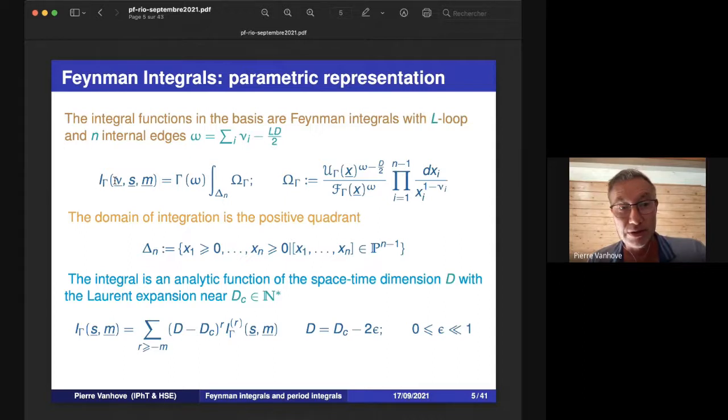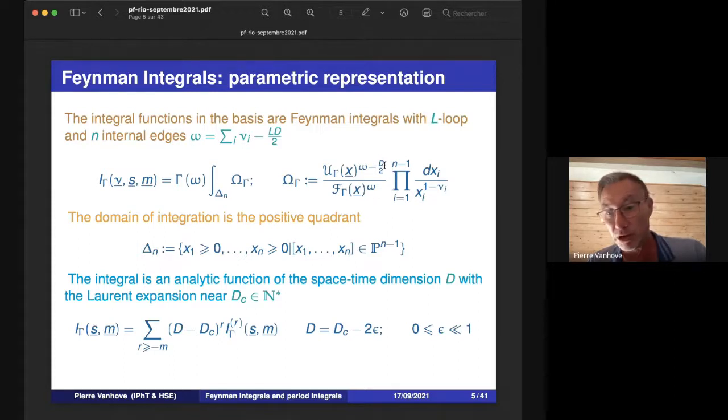And so this object is integrated over the positive quadrant in projective space P^(n-1), so you have n variables. They are all positive. And here you integrate a homogeneous polynomial of degree L. This L is actually the order in perturbation, to some power that I'm going to define in a minute.